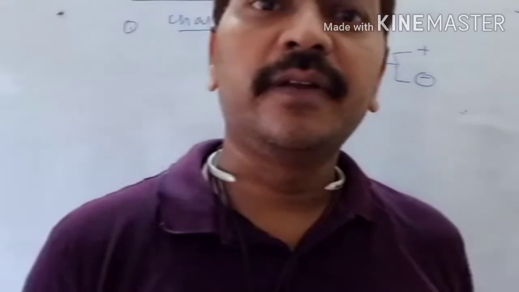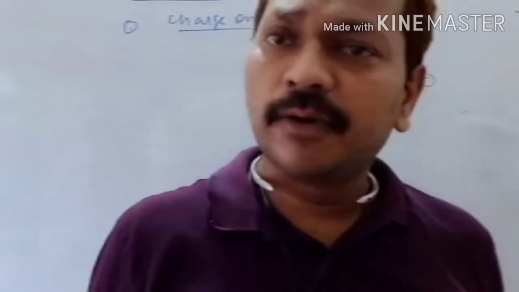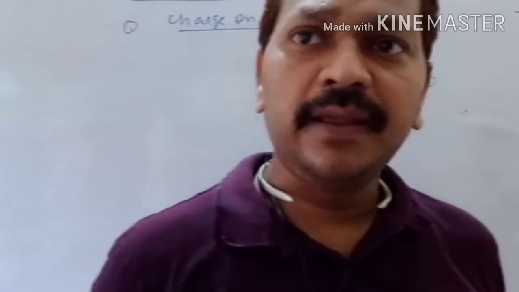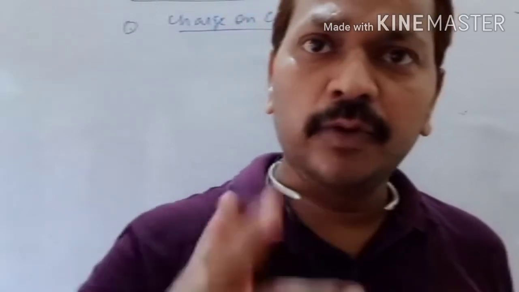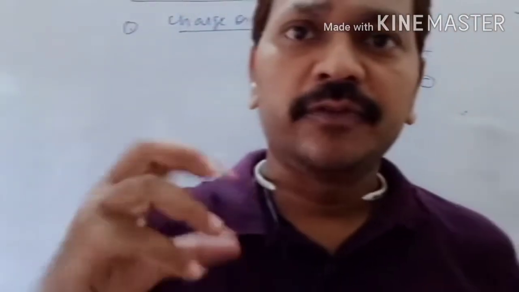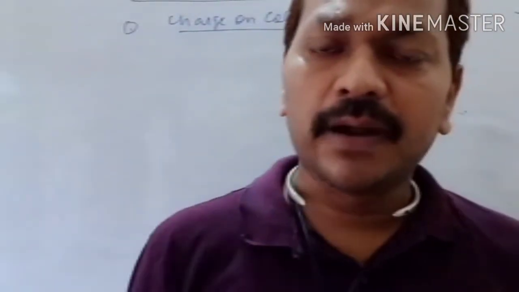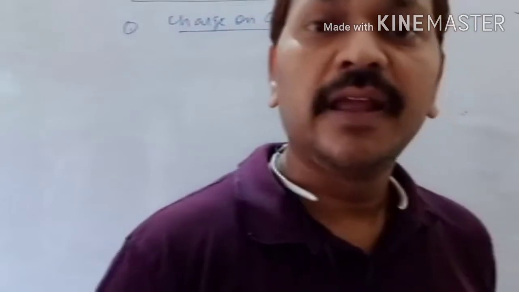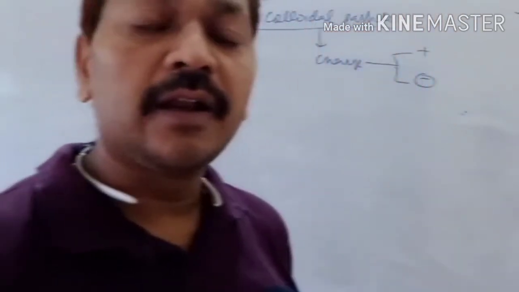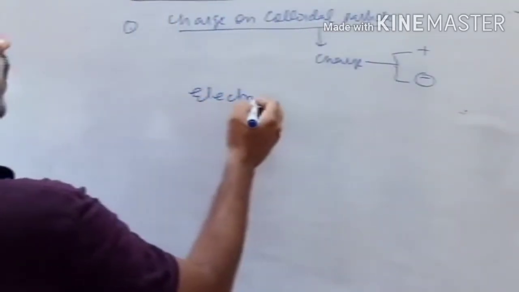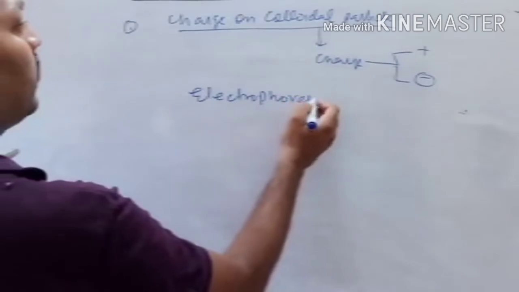So children, the nature of charge, whether positive or negative, of any colloidal sol can be determined by using two electrodes and connecting them to a battery. The movement of colloidal particles under the influence of an electric field is known as electrophoresis.